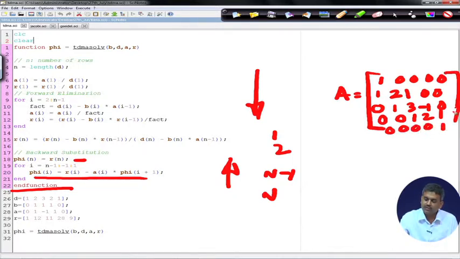This was the structure for A. Now, in this case we do not need to supply the matrix that way.